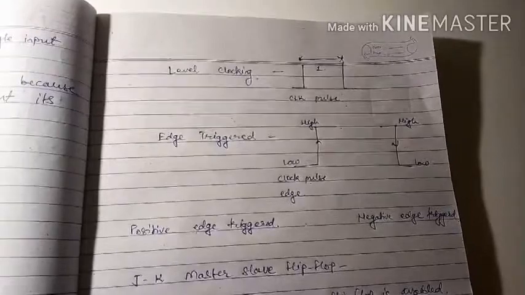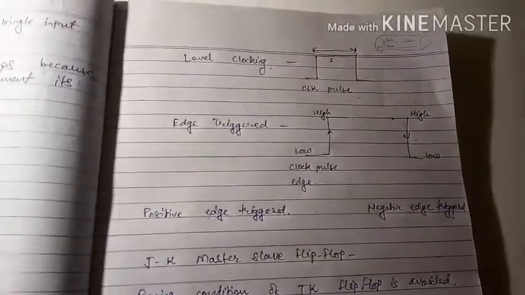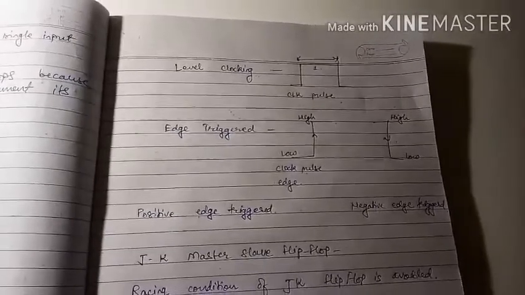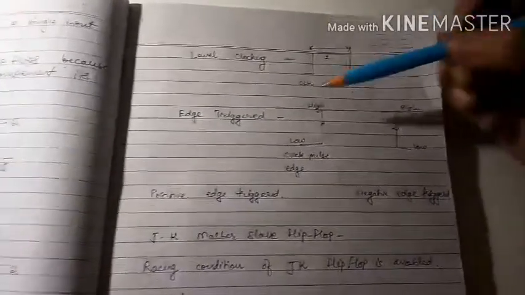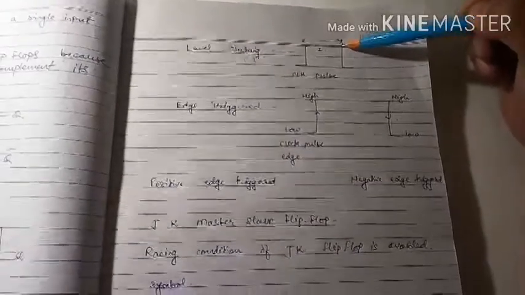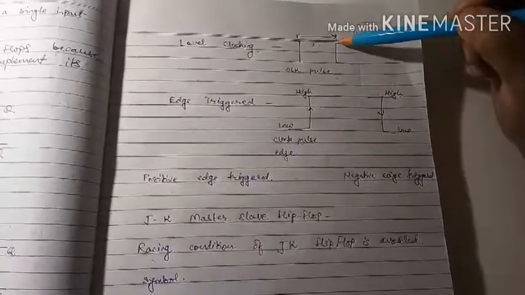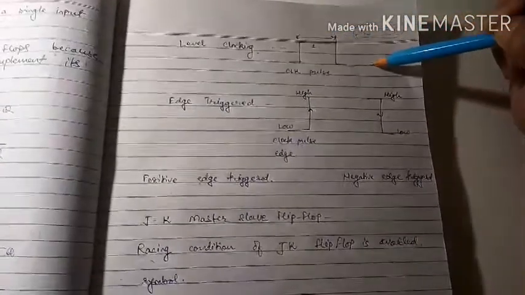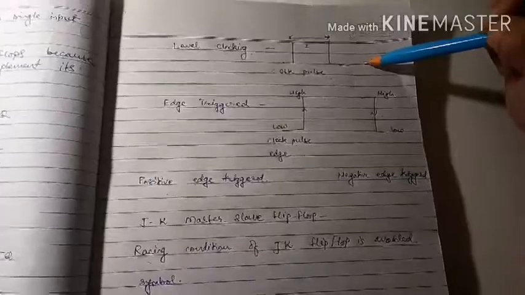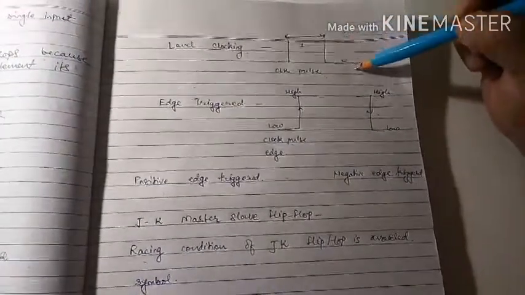A clock pulse is nothing but a square pulse with high and low logic. This is 1, means this is high, so it represents logic 1. When we say clock is high, it is this mark, and this is when clock is low.